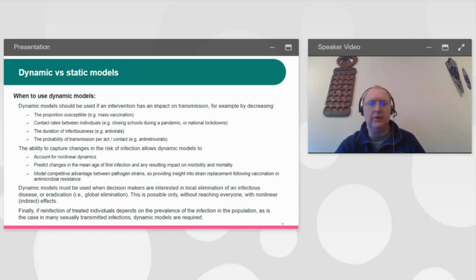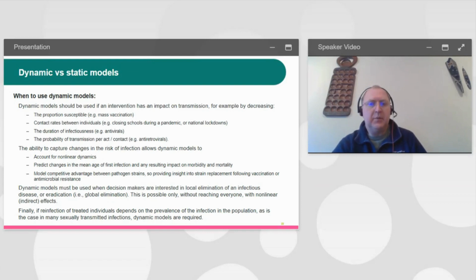For instance, through mass vaccination, decreasing the proportion of susceptible individuals, or non-pharmaceutical interventions such as school closures or national lockdowns, fundamentally changing the contact rates between individuals, where antivirals, for instance, might impact the duration of infectiousness within a significant number of infected individuals, or indeed the use of antiretrovirals may affect the probability of transmission per act of contact.